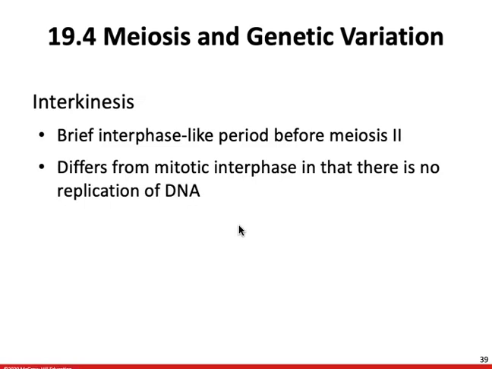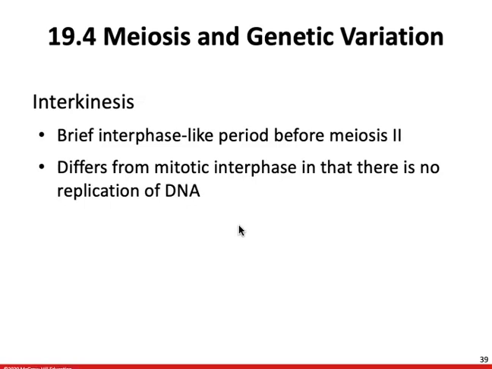Interkinesis is a bit like the period before meiosis, it's a brief phase before meiosis 2 that's similar to interphase. Now, it's going to be a little bit different in that there's no replication of DNA, so interkinesis is pretty short. The cell is not trying to carry out its normal functions. We're just taking a brief break between meiosis 1 and meiosis 2 to grow the cell.